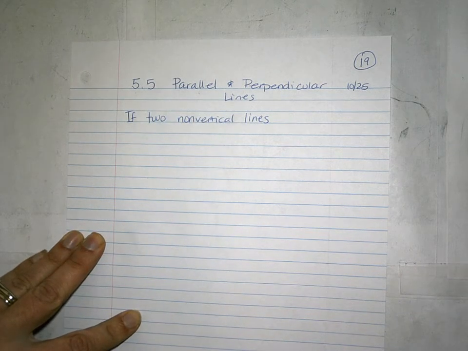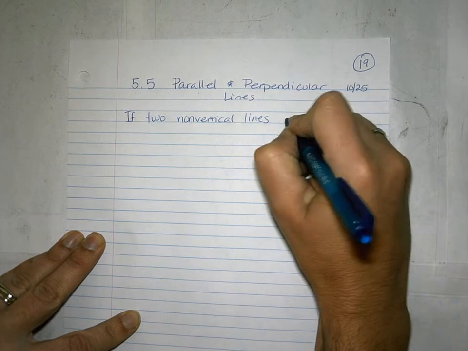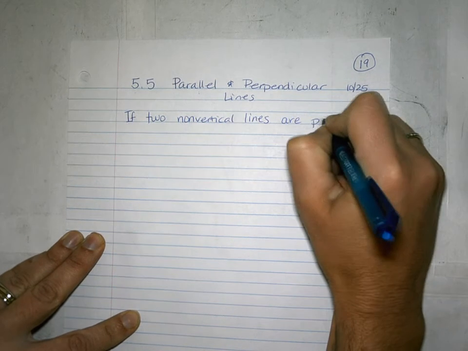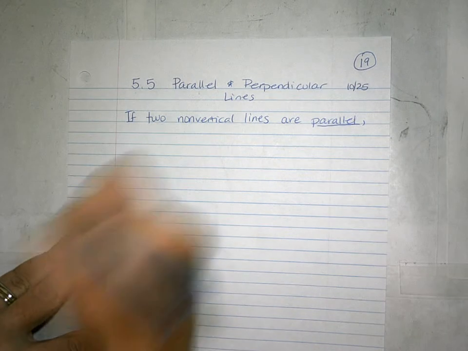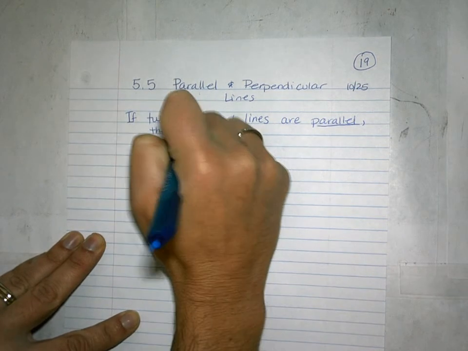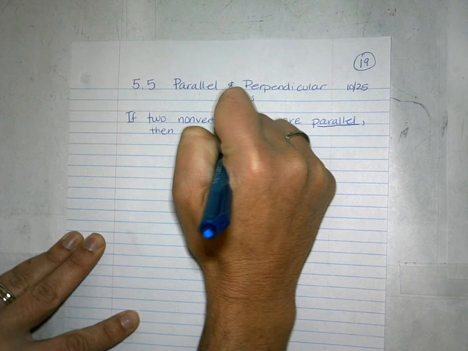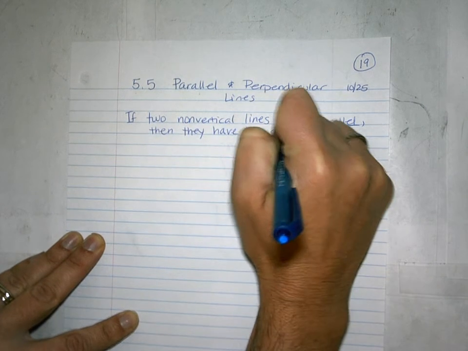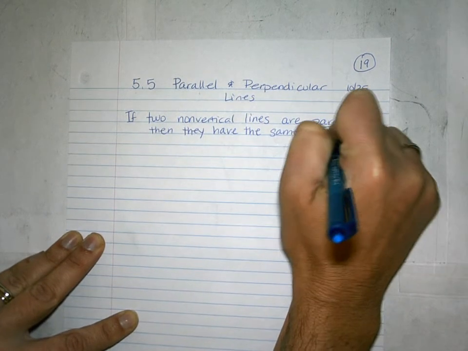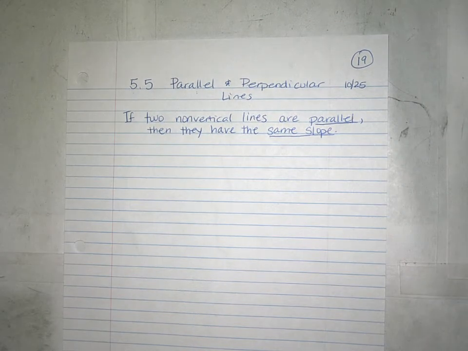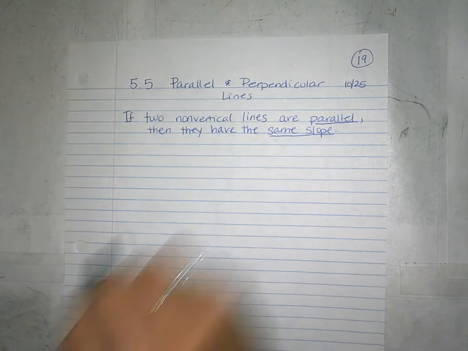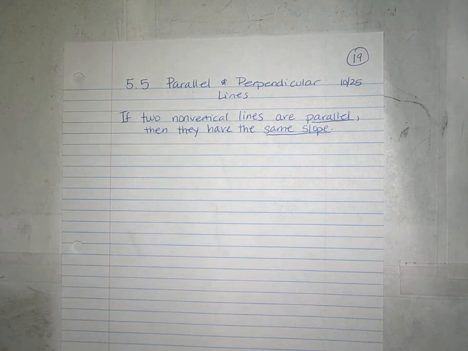So if 2 not straight up and down lines are parallel, and I'm going to underline parallel, then they have the same slope. You guys already knew that. If we have parallel lines, their slopes are going to be the exact same amount.